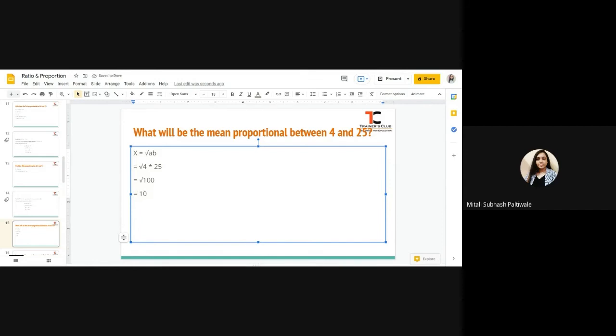So the mean proportional between 4 and 25 is 10. 4 into 25 is 100.